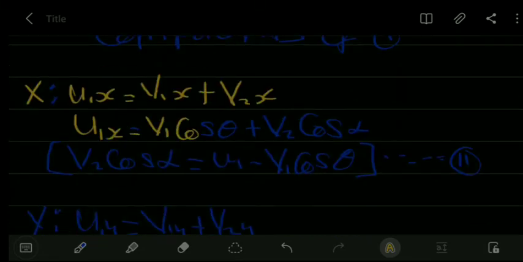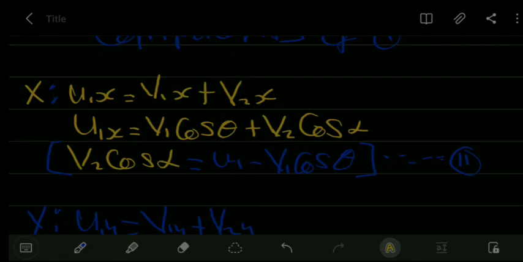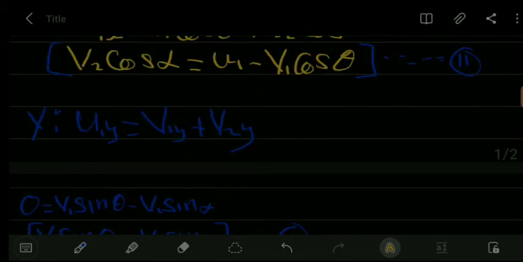We can express this in terms of v2 as being equal to u1 minus v1 cos theta. Okay, so this is our equation 2, simply resolving into components. And then for the y component, we know that the initial y speed is 0. So we'll have u1y equals v1y plus v2y.